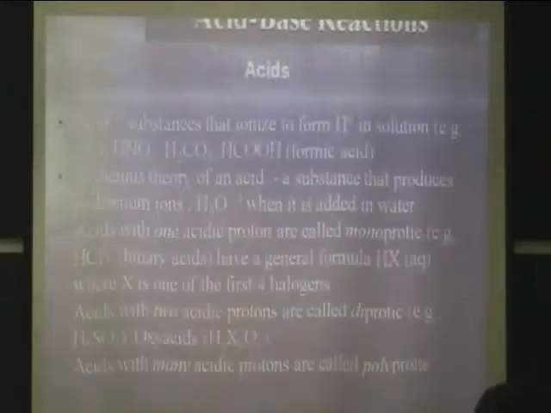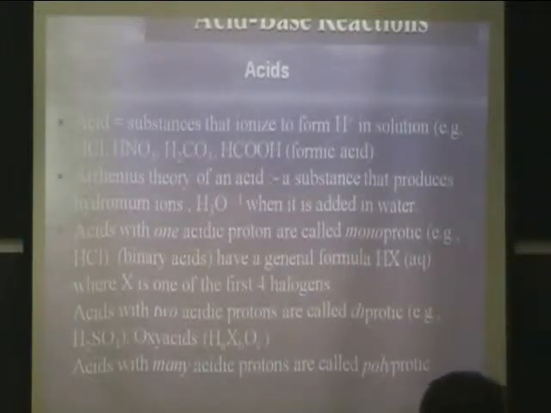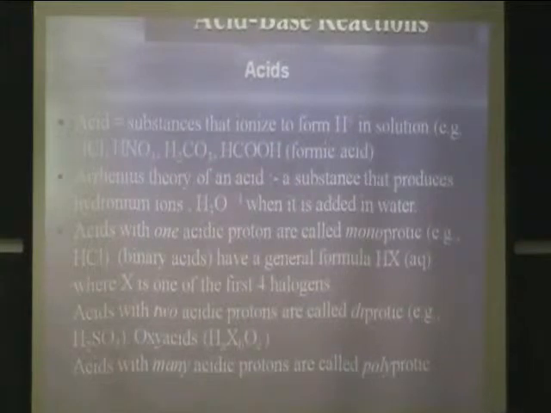Okay, before we try to identify which compounds are strong electrolytes and which are weak electrolytes, I think we need to define what an acid is, and eventually we're going to define what a base is also. It's not a new concept to you because we discussed acids, right?